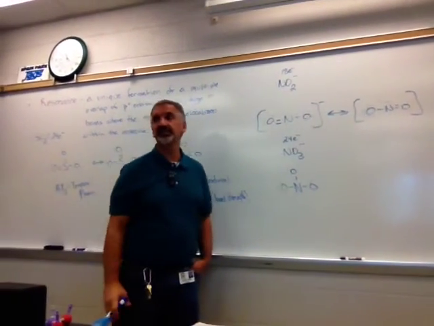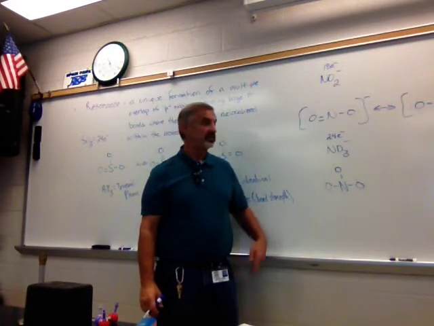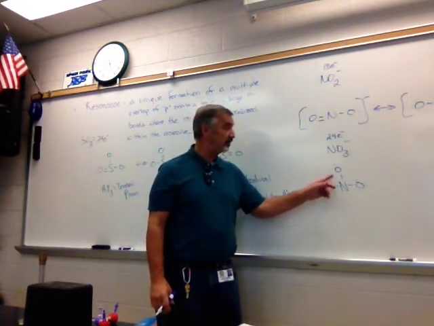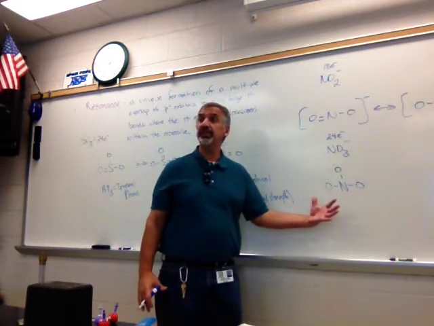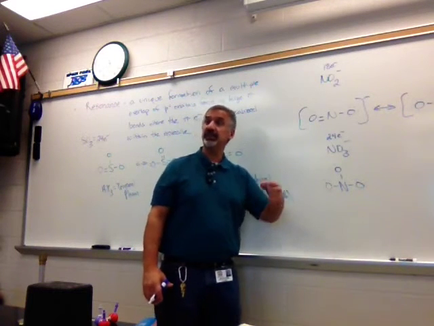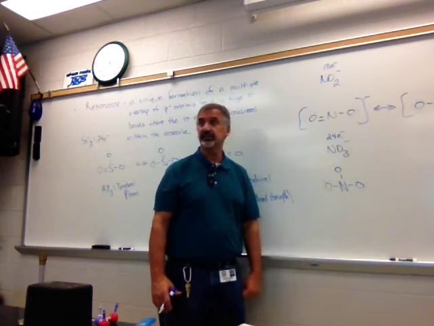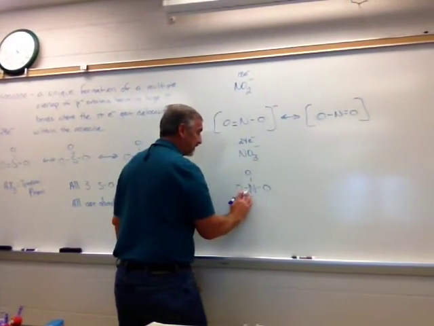So again, nitrogen now is electron deficient. So what do we do? Form a double bond. Now again, which one can we pull from? All of them. So as soon as you can do that, and if you have a choice on where you pull electrons from, that means you're going to have the possibility of resonance. So I can make it here.